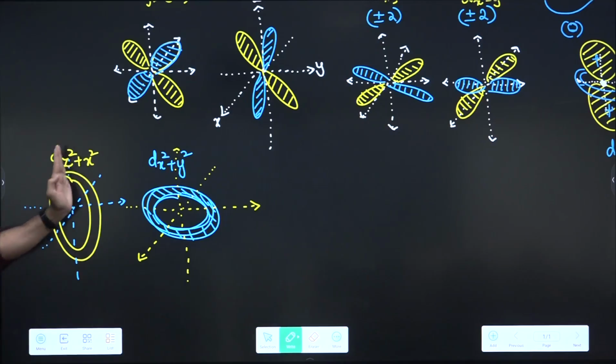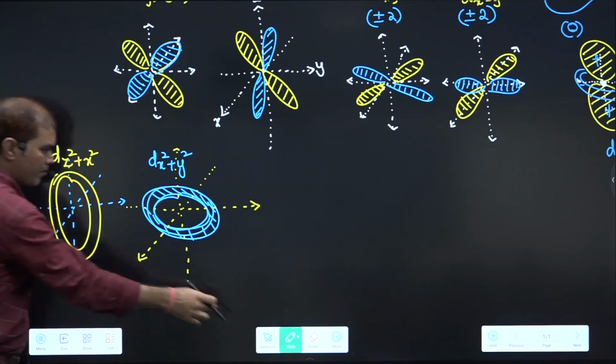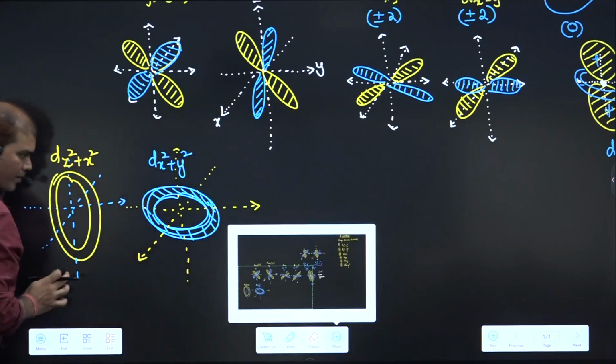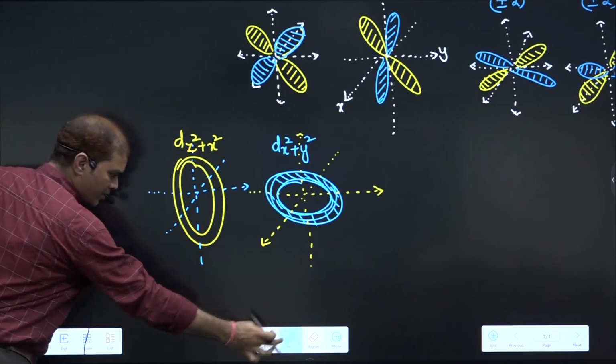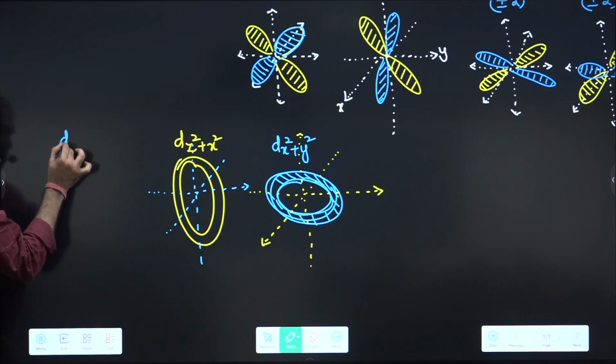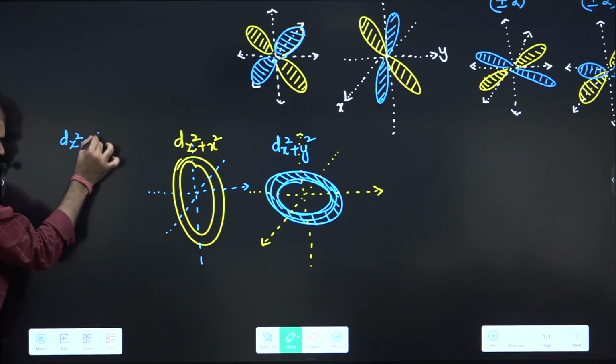Just try to imagine that it is in this plane. Okay, dz square plus x square. And how to draw dz square plus y square?